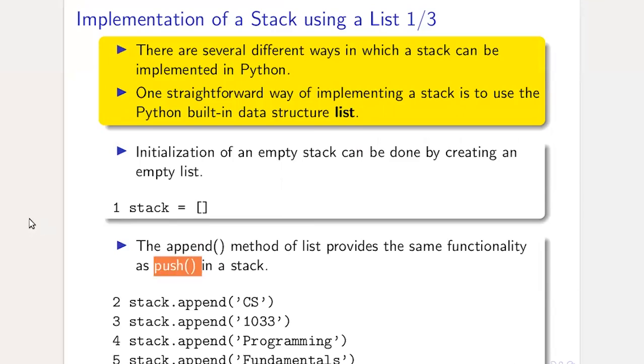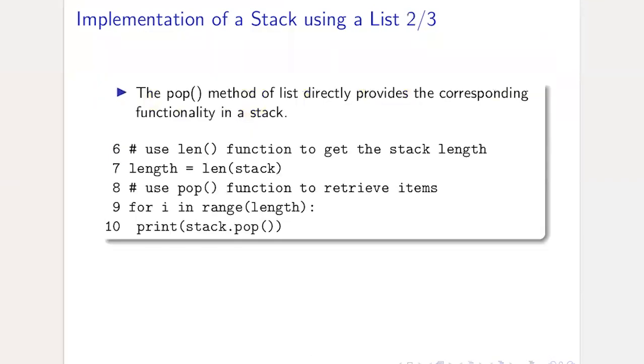We can define push, and we can pass the particular item we want to put into the push function, and then we will have a colon to indicate that we are now going ahead with the definition of the push function. Inside the push function, as its code, its body, we will simply call the append with that particular item. That's how you can implement the push function, whereas the pop function is directly available to us.